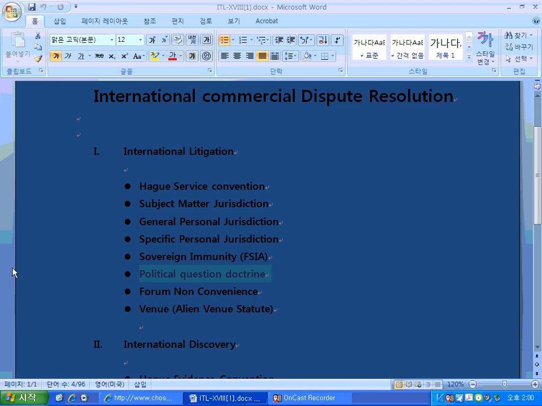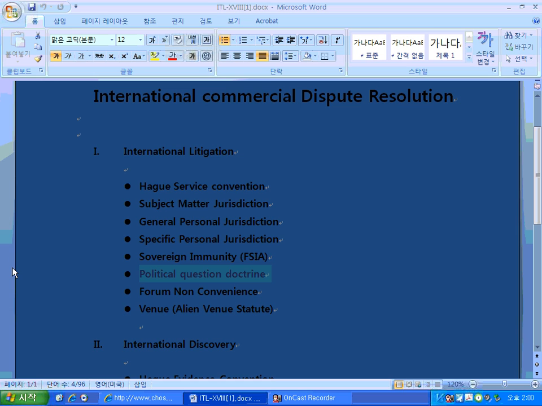And also, in terms of international litigation, the primary concern revolves around the enforceability of judgments. Traditionally, a rule of reciprocity has operated, which is also now embedded in Korean civil procedure.